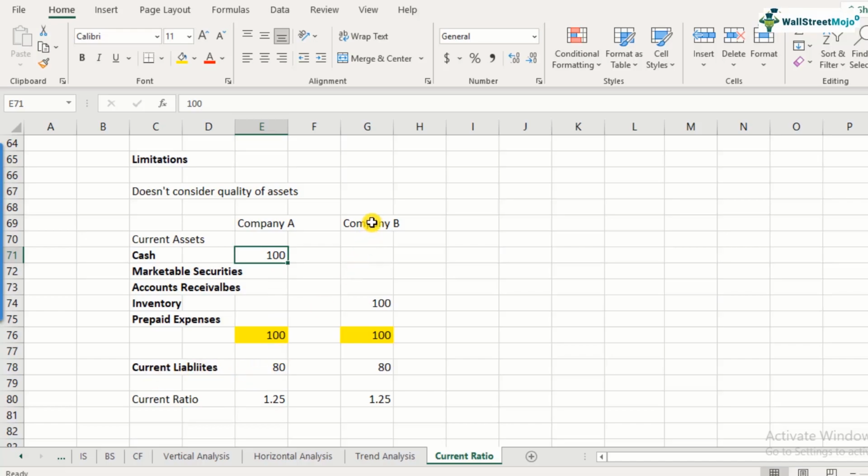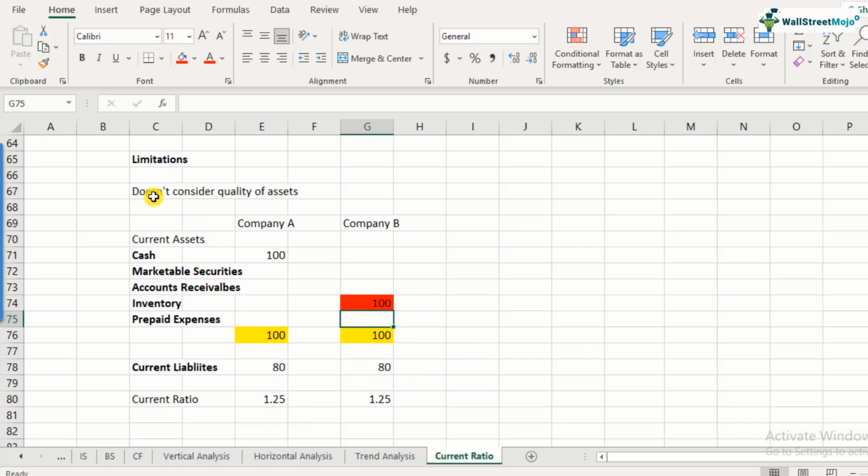On the other hand, when we consider company B, this inventory will take a longer time to convert into goods which can be sold, and then when it is sold, that's when you will get cash. So this has a longer cash cycle associated with it, and might not be the right quality of asset to pay off your current liabilities.